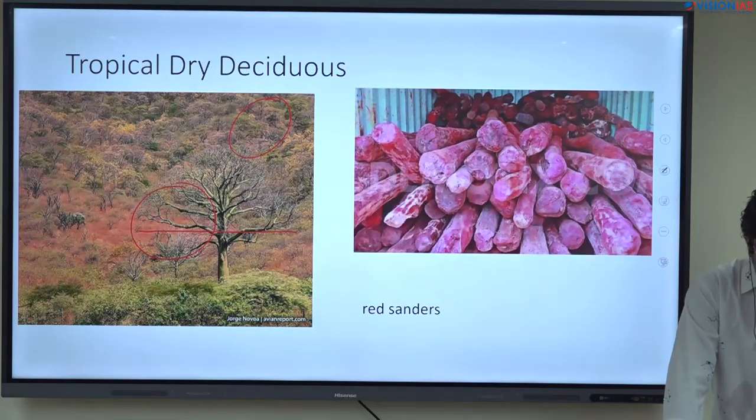Now go to the map, look at category number 7. Find this in the map, tropical thorn forest. Start from Punjab.